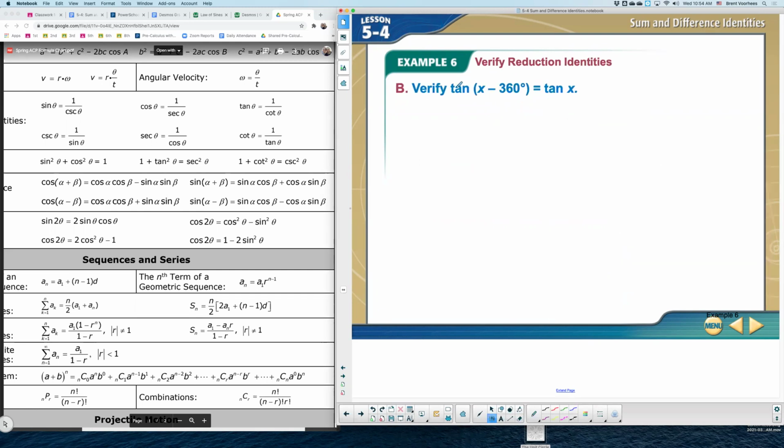Or let's try this one. Tangent of x minus 360 equals tangent of x. So this is just checking to see if something's coterminal.